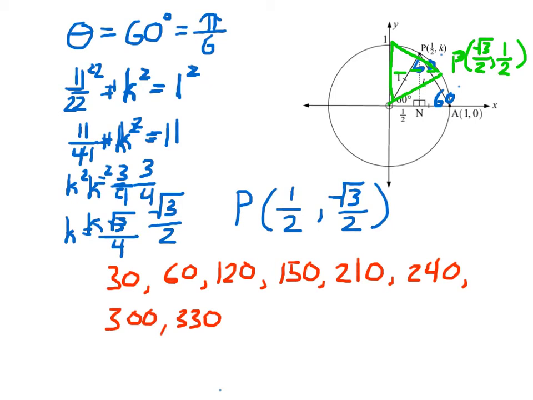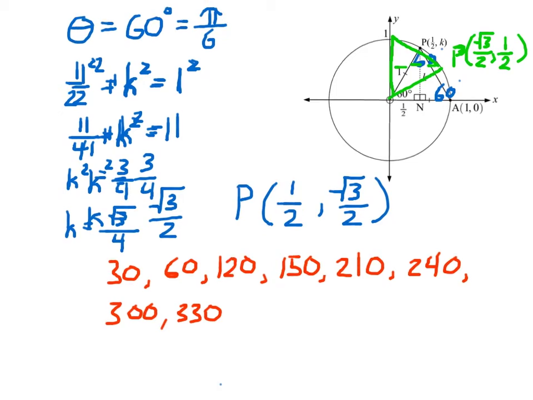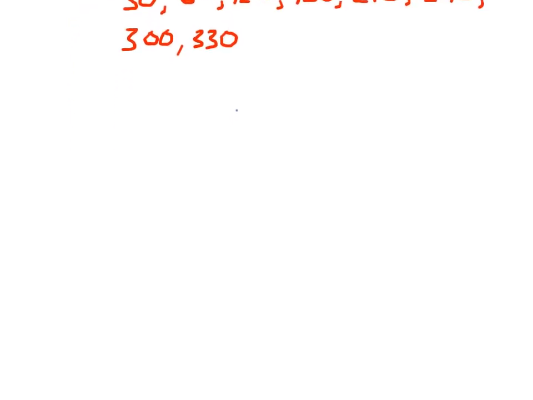Let's take a look at another picture, a diagram from your book, that lists all of those multiples of 30s. I'm not going to take the time to redraw them, but here's a diagram.